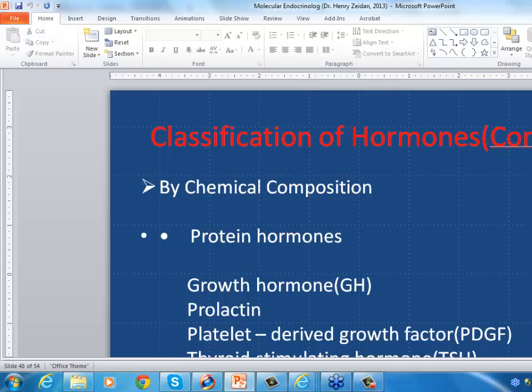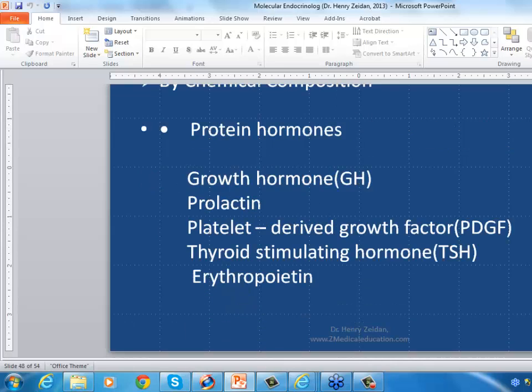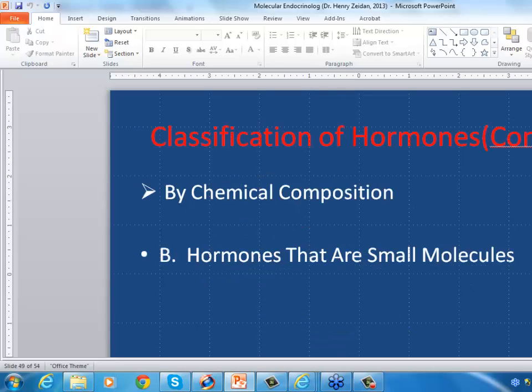Or protein hormones: growth hormone, GH, it's a protein. Prolactin, it's a protein. Platelet-derived growth factor, it's a protein. Thyroid stimulating hormone, and erythropoietin. Can be small molecules, we already mentioned.